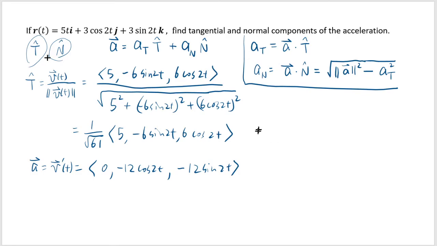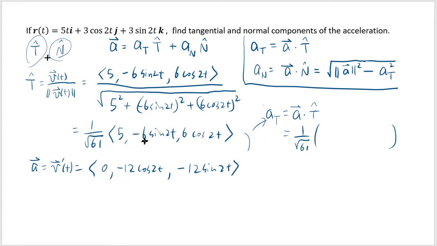So what is that? From this, a_T is the A vector dotted with T hat. What's a dot product? You do component-wise multiplication, right? If there's a constant multiple, that still just stays there, but for each component you do component-wise multiplication and add.